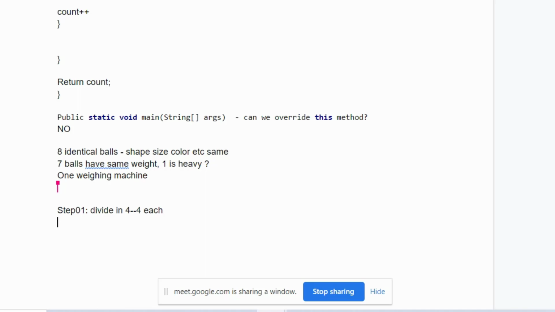We can do four each, and then we can think of step two. We can definitely figure out which one is the heavier one.